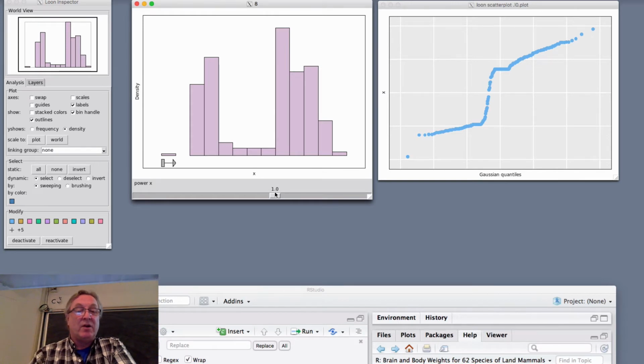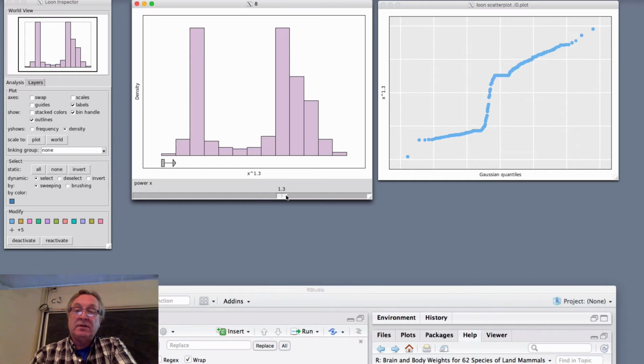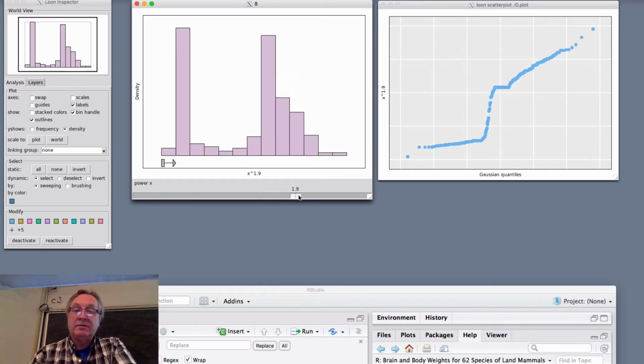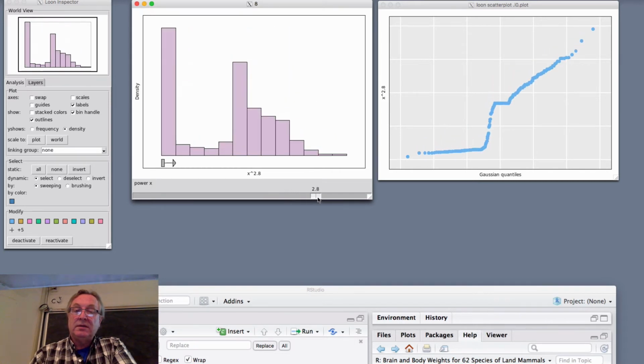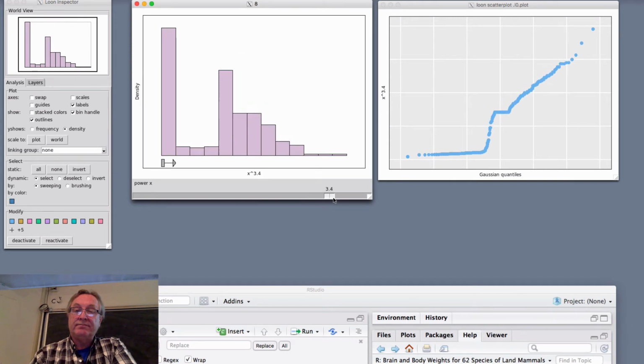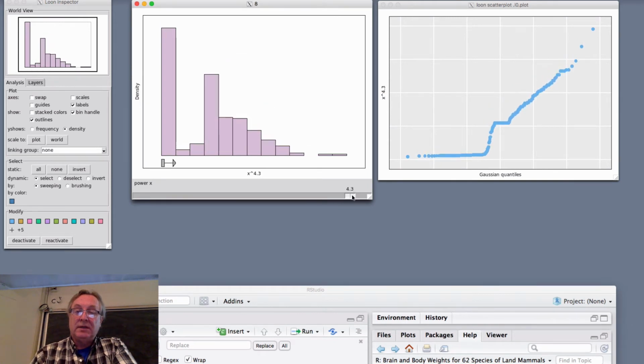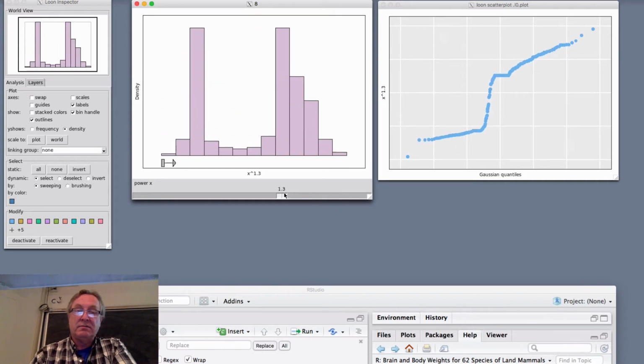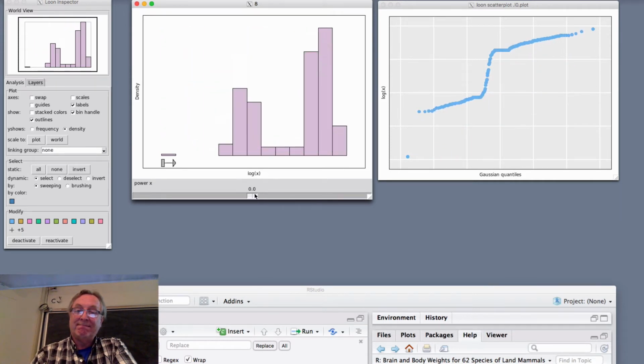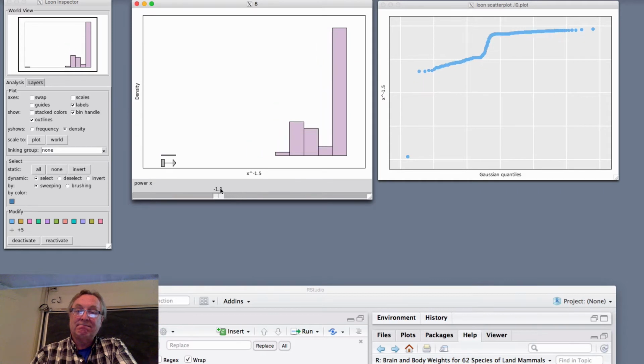Let's see what happens if I go up. I'd like this to be a straight line. So let's see if we move this up. That doesn't seem to be working so well. Let's try the other direction. Also not working so well.